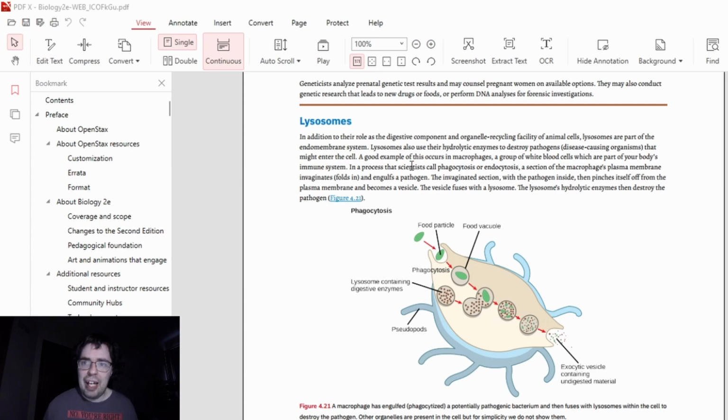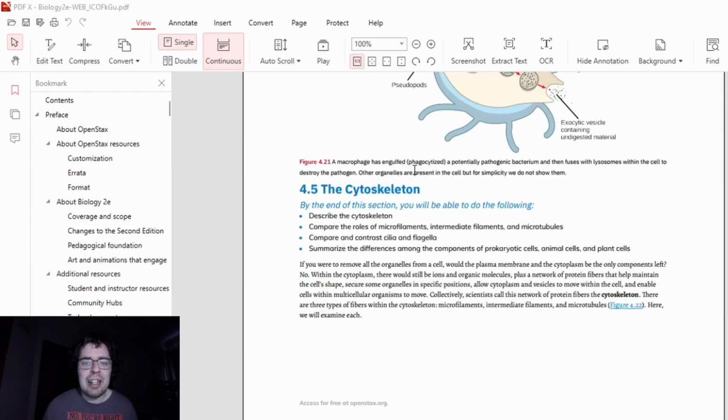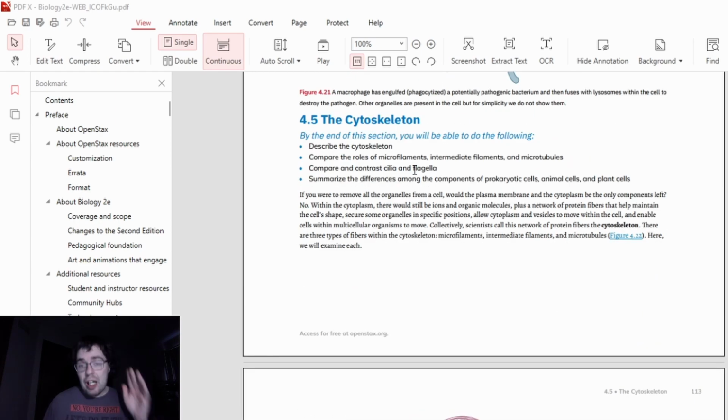When you see tiny cells, you wouldn't think that there'd be that much to talk about. But very often, the cell is the simplest part of an organism, of an animal basically, or a plant.